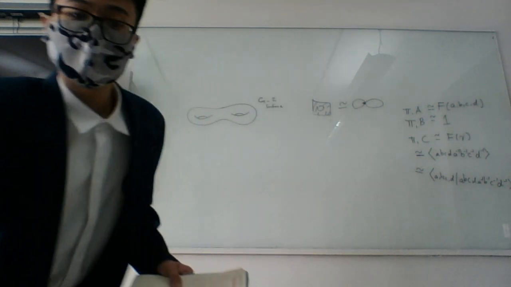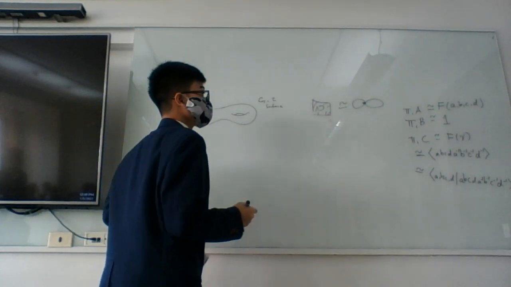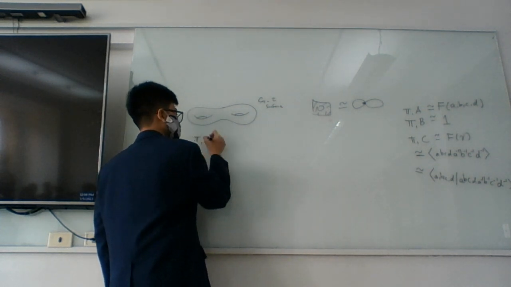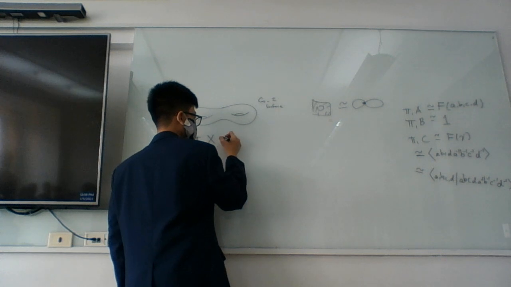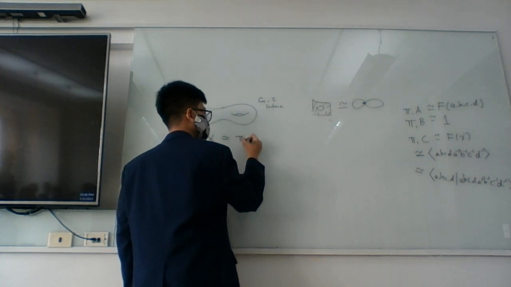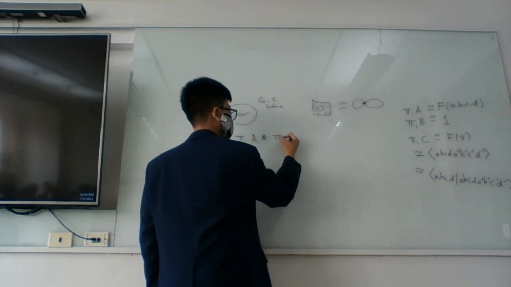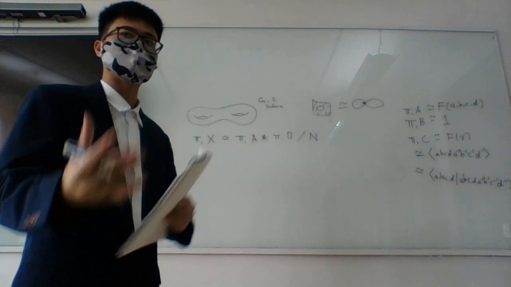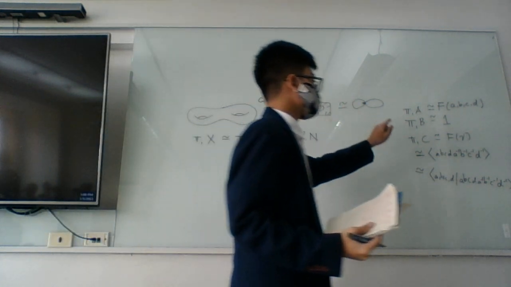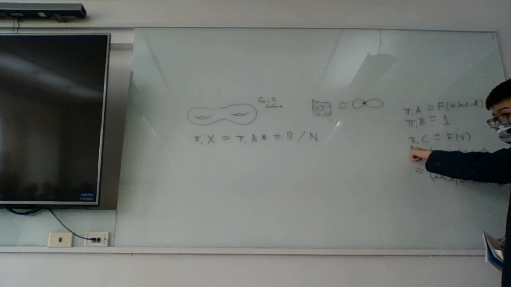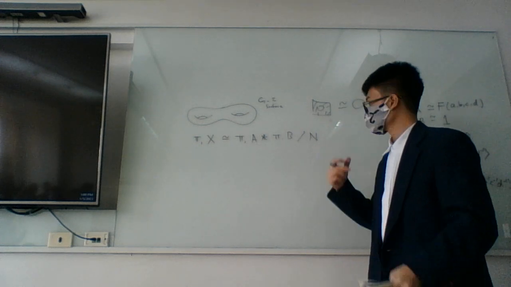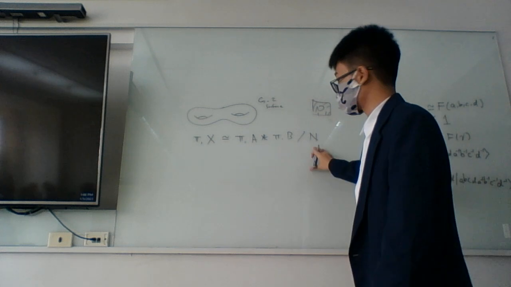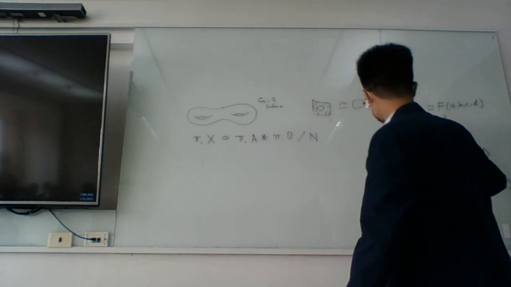Okay, so the Van Kampen theorem tells us pi 1 of X is isomorphic to pi 1 of A free product pi 1 of B, mod N. And we've noticed time and time again that the fundamental group of C is N.